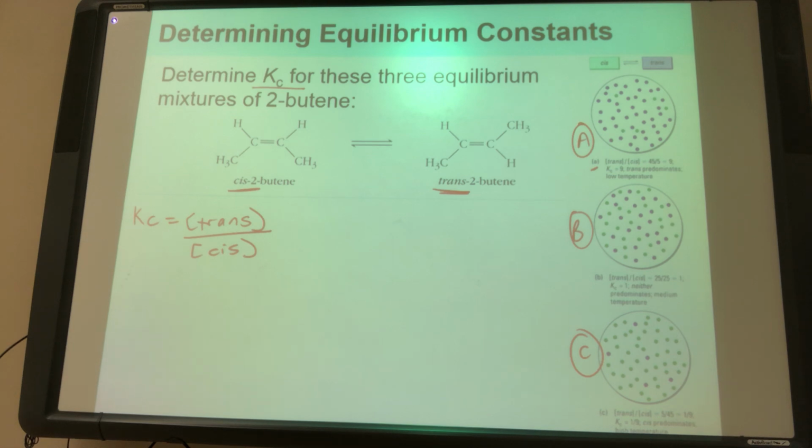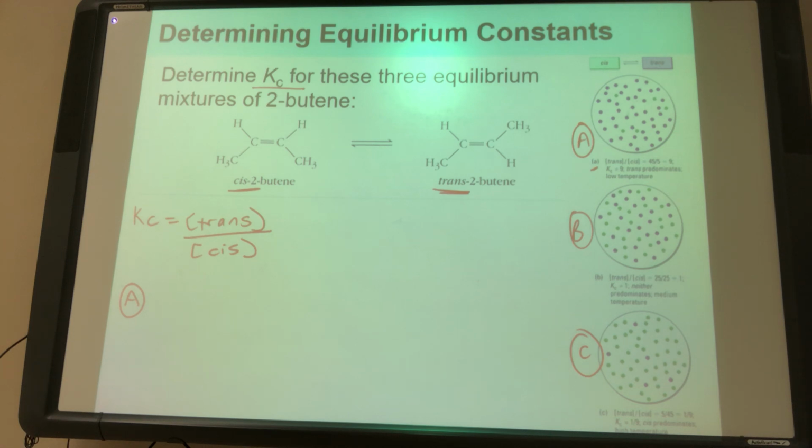All right, so let's look at it. For A, do I know how many trans I have? So if you look here, it's color-coded. So cis is green, trans is purple. So we want to go down here and we want to count them up.